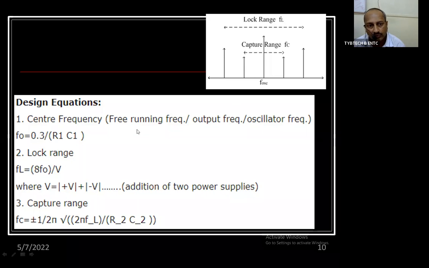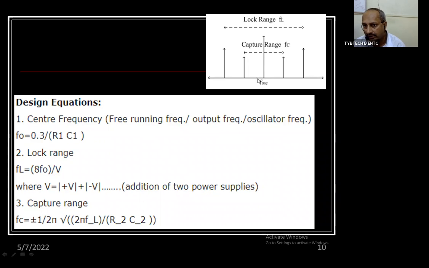So the mathematical formulas to calculate them: FO is known as the free running frequency, which is related with the VCO, that is voltage controlled oscillator. After that, the lock range, that is FL, is the big frequency range, and FC is the shorter frequency range, which is similar to the oscillator frequency.